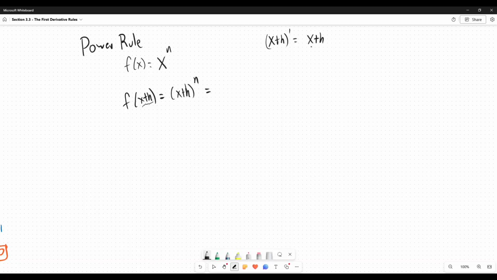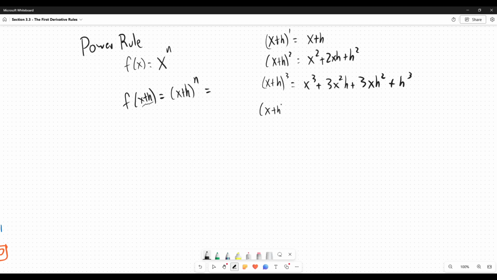That's just going to be x plus h. x plus h squared, we know this. x squared plus 2xh plus h squared. x plus h cubed is x cubed plus 3x squared h plus 3xh squared plus h cubed. And one more, just to justify my use of this pattern. Now, this is a pattern that is well known. It's a little complicated where it comes from.